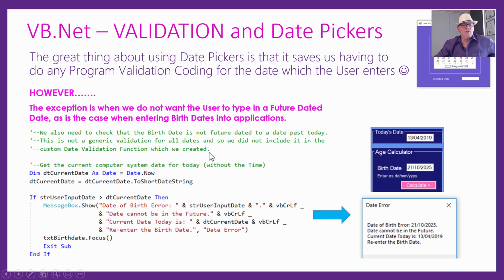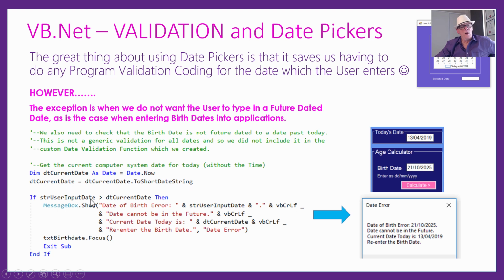All right, so how we handle that is that we just have the current date, we get that into a variable as date.now, that will get the system date off your computer, and we get that reformatted to a short date string, so that it's in the right format.